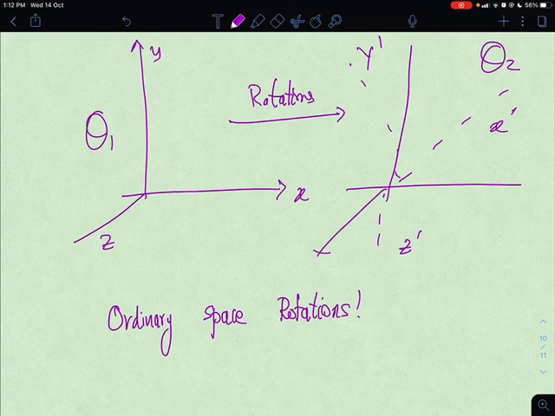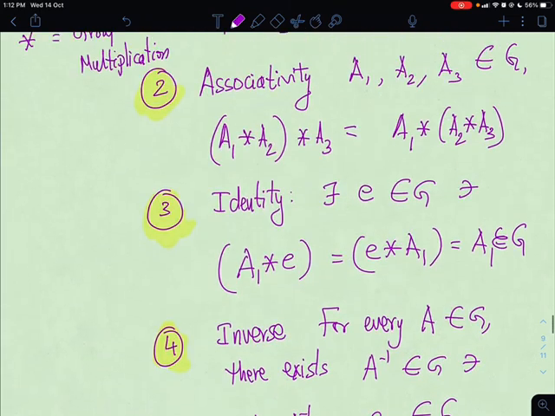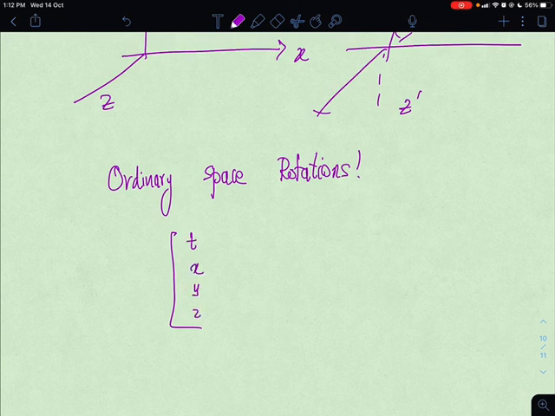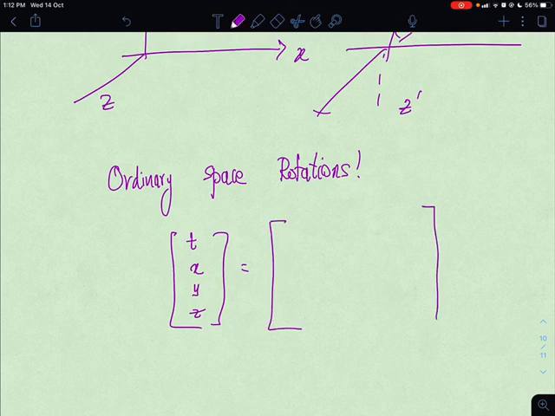Only if you put together rotations also do the Lorenz transformations form a group. So rotations are also a part of Lorenz transformations. This means there are 3 rotations. How are rotations defined? Say, t, x, y, z is given by the Euler angles. You can define it in terms of the Euler angles in 3 dimensions.